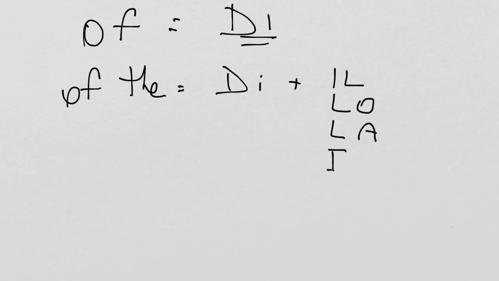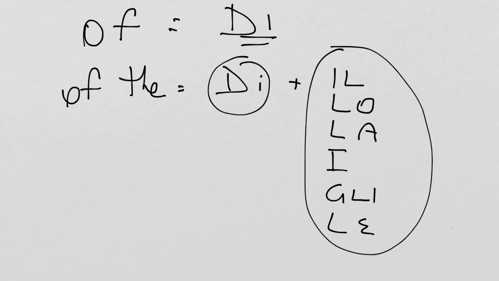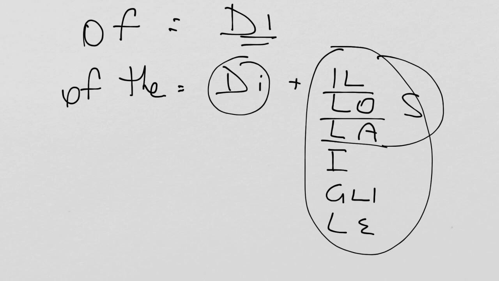Il, lo, la in the singular, i, gli, le in the plural. Each one of them will be contracted and will merge with di, and we will see what the results are. Di is a so-called simple preposition. When it is followed by an article, it's called compound or articolata.